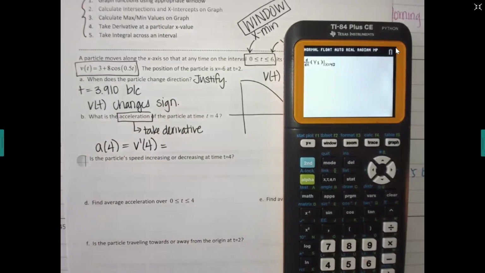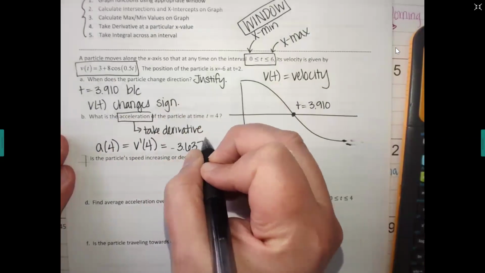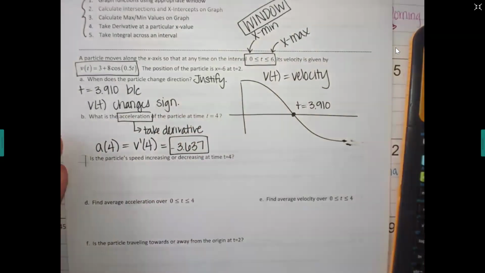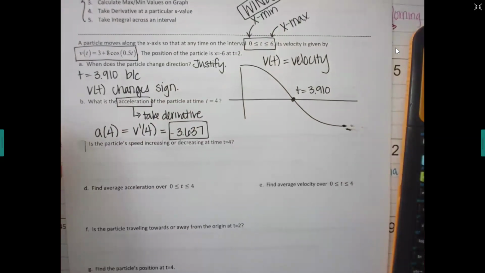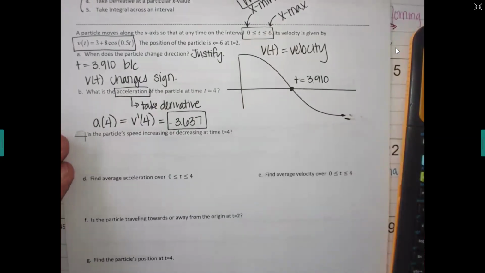So v prime is going to tell whoever's grading your AP test what you did in the calculator. Then the answer comes out to negative 3.637. Remember, you can always go longer on the decimal, but shorter than 3 decimals, they're going to count it wrong. So 3.6 would not work.